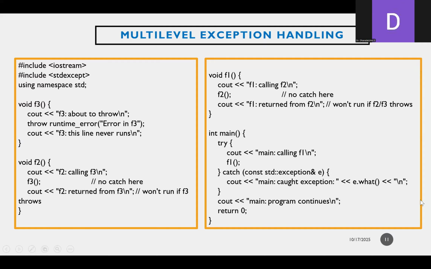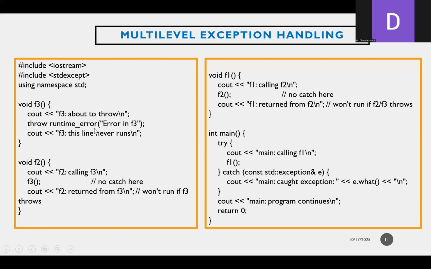This line will be executed. e.what() returns the message passed to the exception, which is "error in F3". So the output will be "caught exception: error in F3".